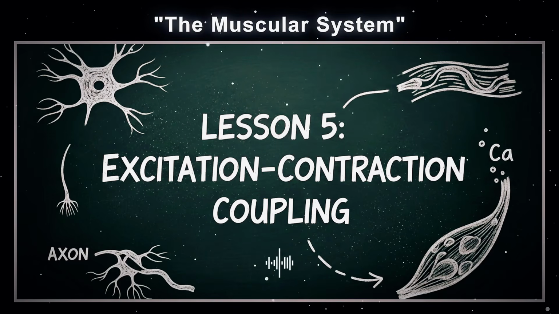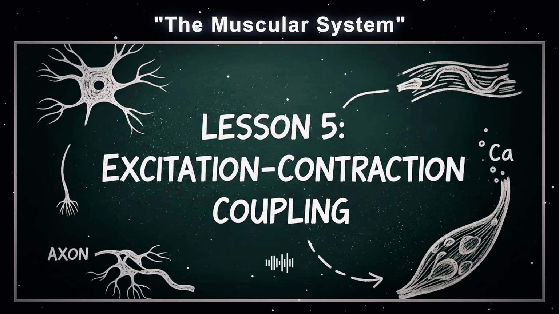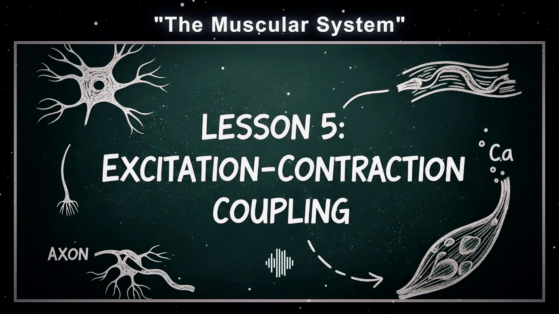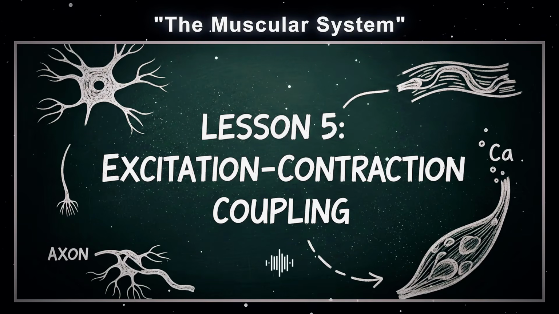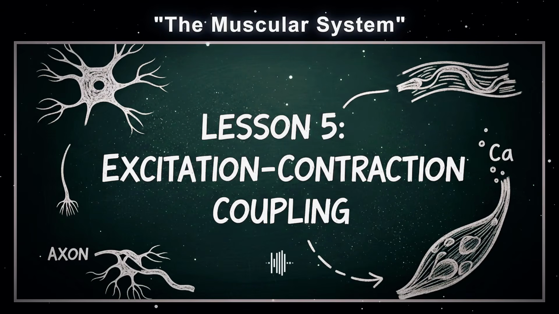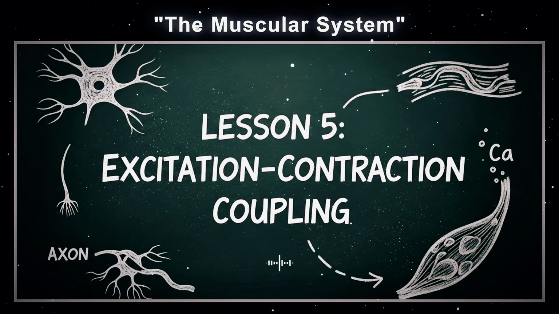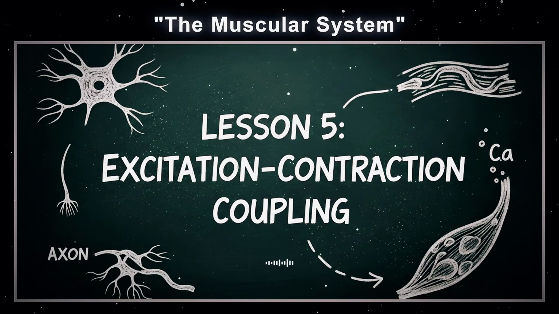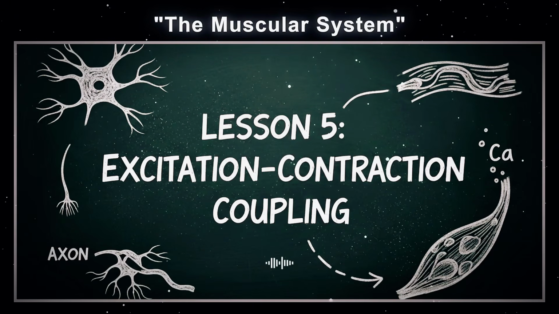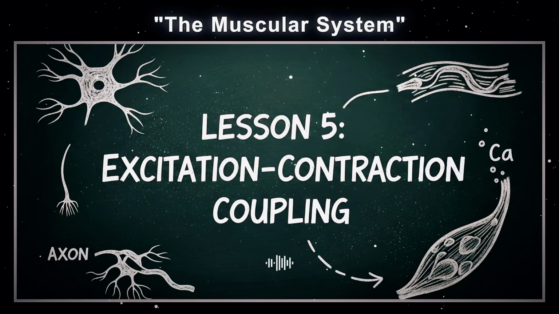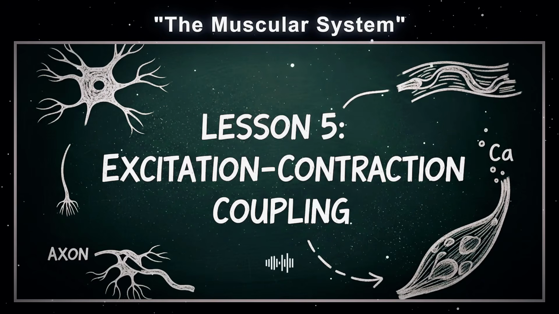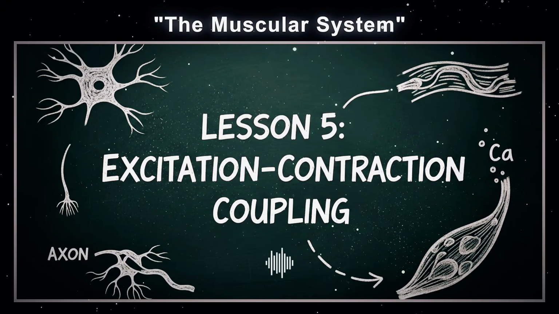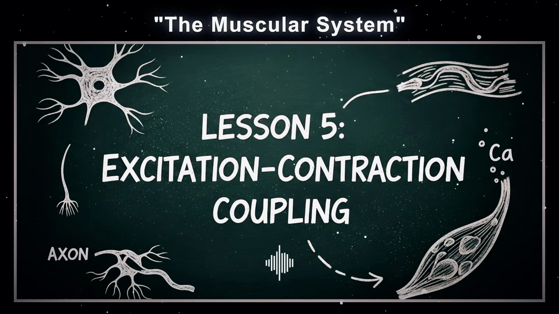The action potential does not stop at the surface. It races down these tunnels, bringing the electrical command into the deepest, darkest parts of the cell. It ensures that the myofibrils in the center of your thigh muscle get the message at the exact same instant as the ones on the outside. This plumbing system is what allows a thick muscle to contract as a single, unified block.